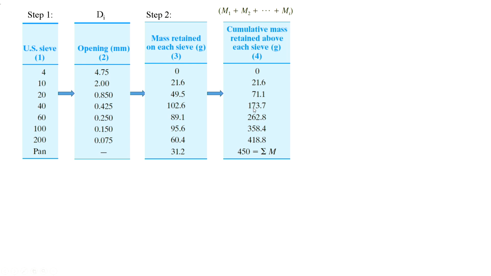It is 173.7. And again, you can calculate the accumulated mass above a sieve for the 5, 6, 7, and total mass. Understand?